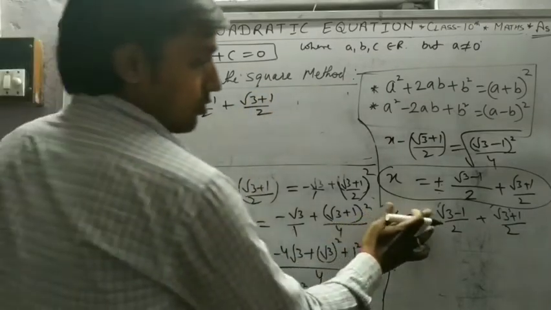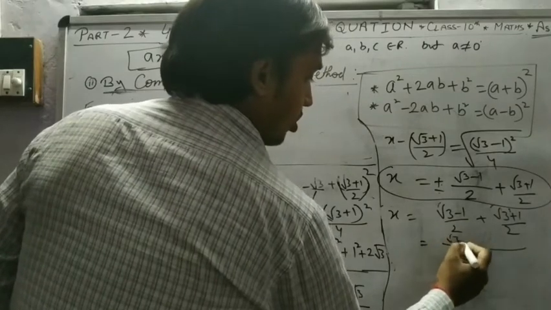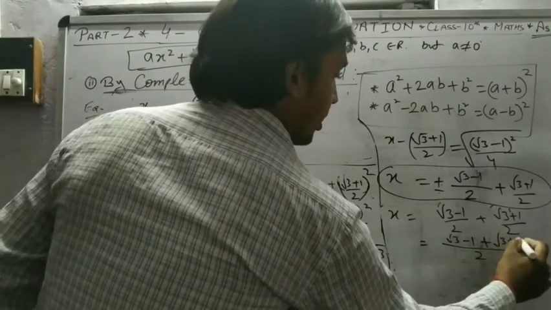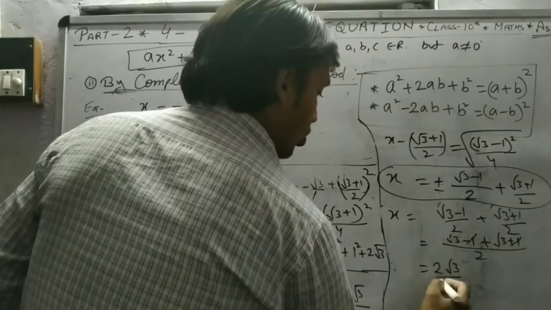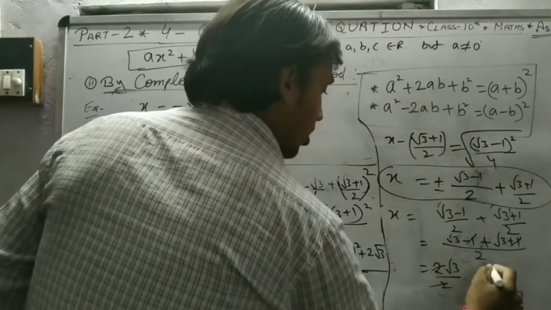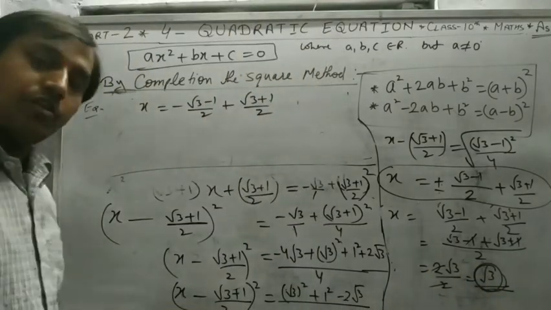Positive sign, no need to write down. That is root 3 minus 1 plus root 3 plus 1. 1 cancels. That is 2 root 3 upon 2. 2 cancels. Root 3 is the first root of the quadratic equation.